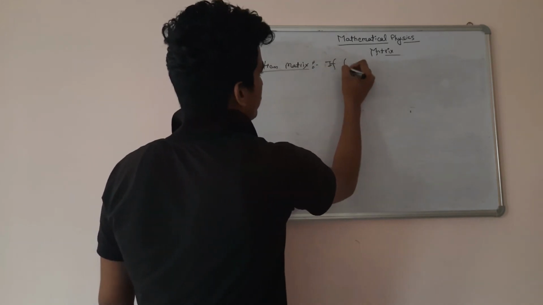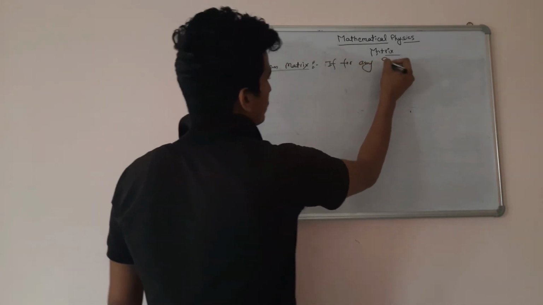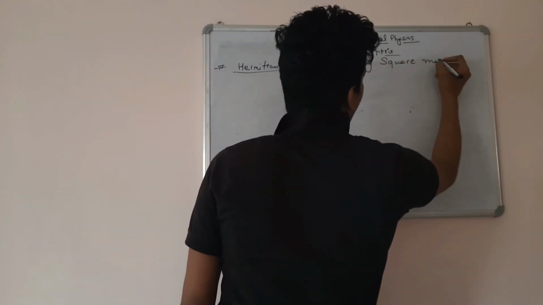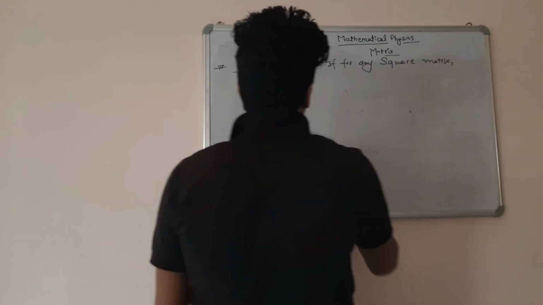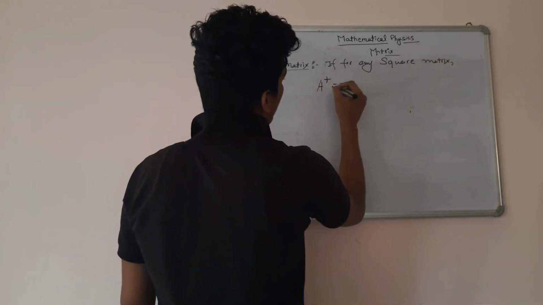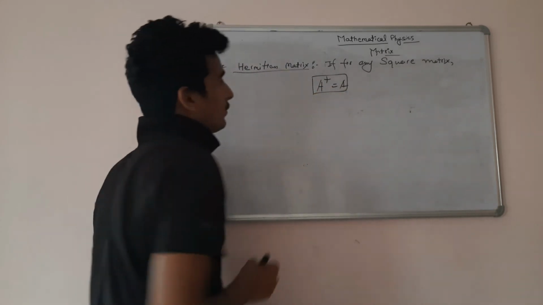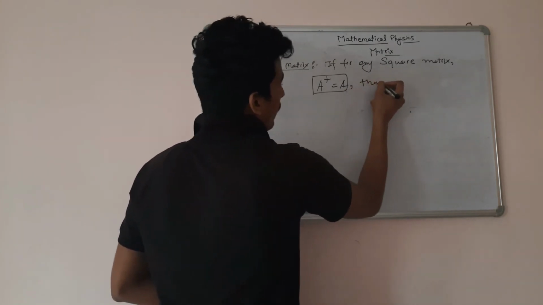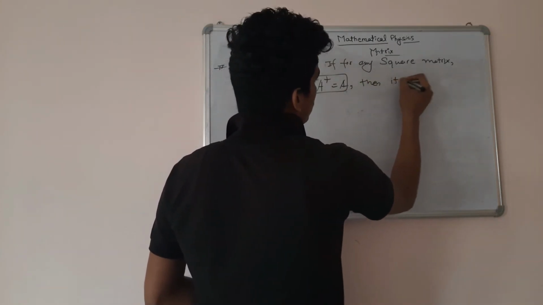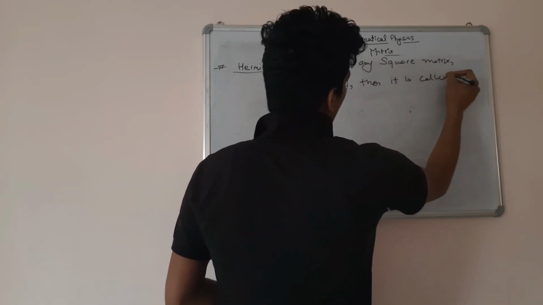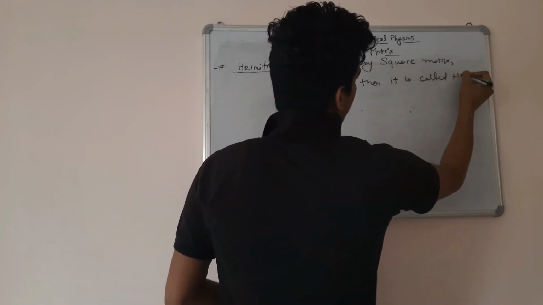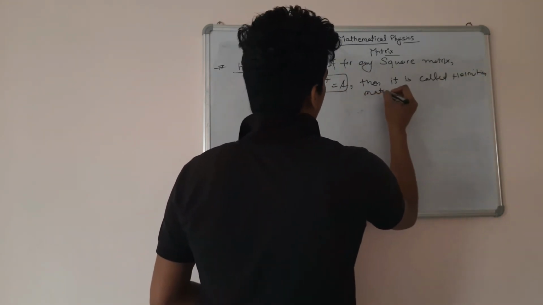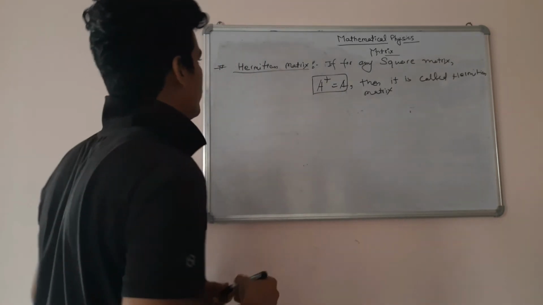For any square matrix, the condition is A dagger equals A. If for a square matrix A dagger equals A, then it is called a Hermitian matrix. Simply, if A dagger equals A, then it is called a Hermitian matrix.